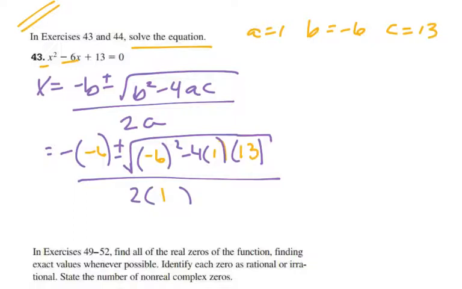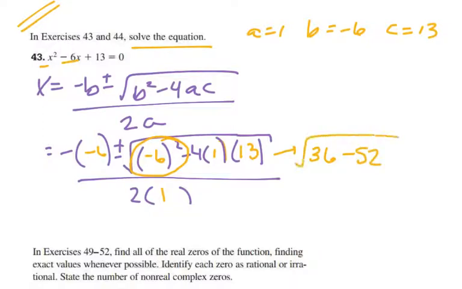Alright, if we evaluate, the first thing that we simplify is the discriminant underneath the square root. Negative 6 squared is negative 6 times negative 6, which is positive 36. To that we subtract 4 times 13, and 4 times 13 is 52.